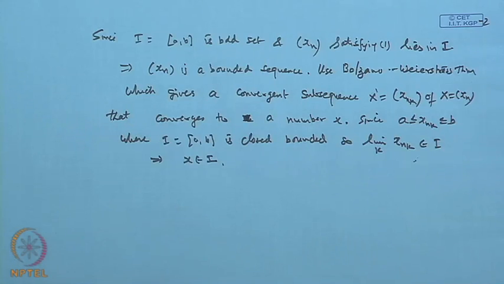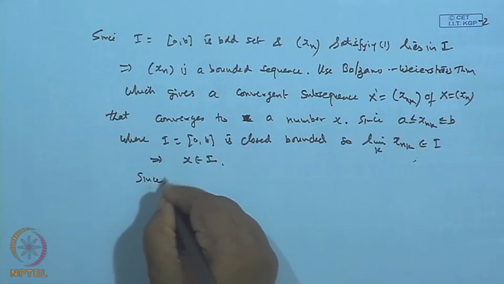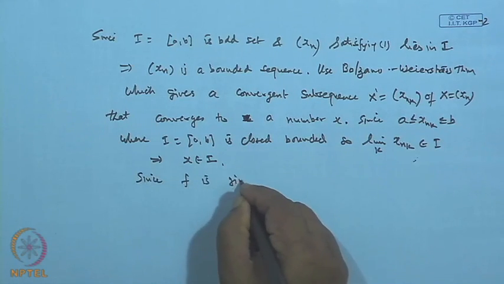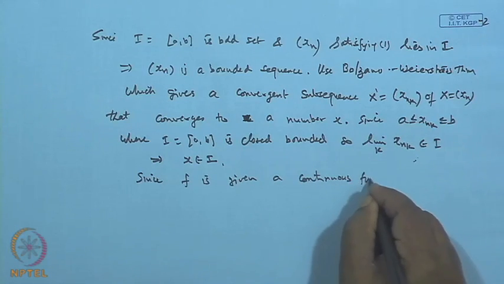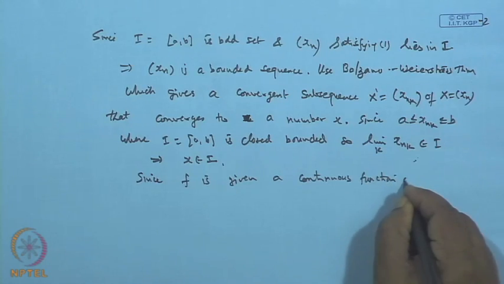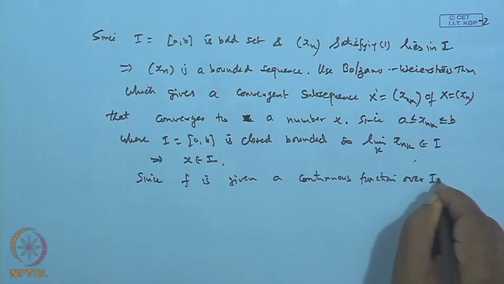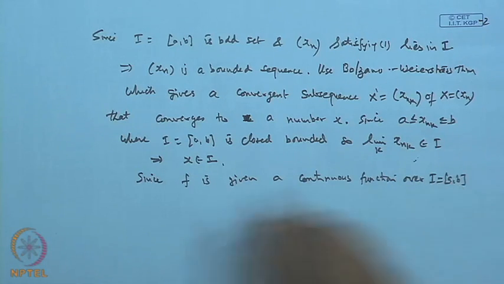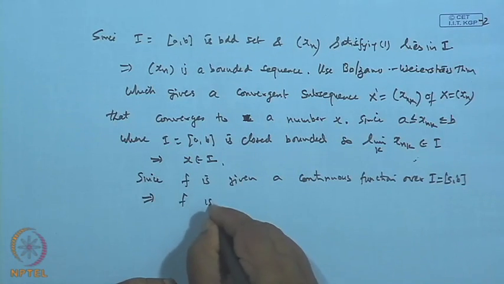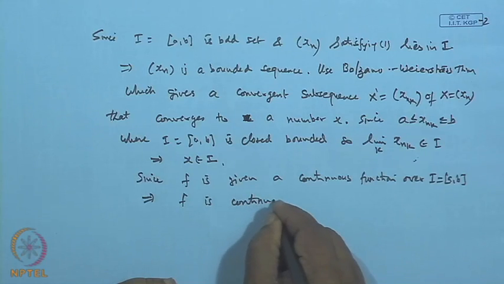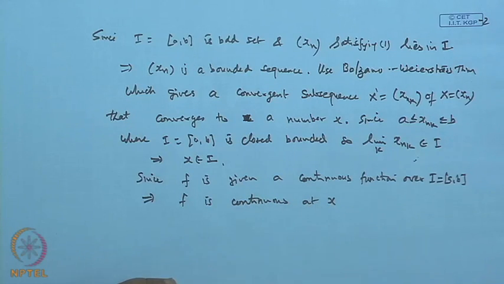Now, f is given to be continuous. Since f is a continuous function over the interval I, and x is one of the points inside I, this implies f is continuous at x.